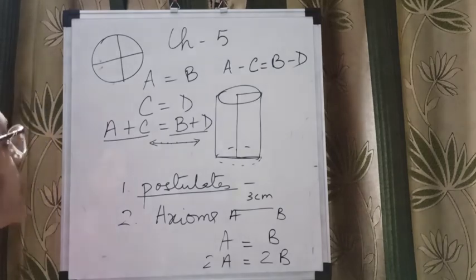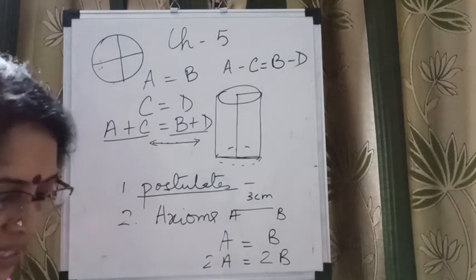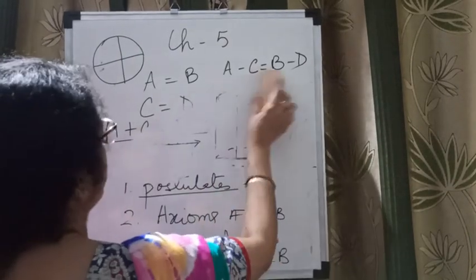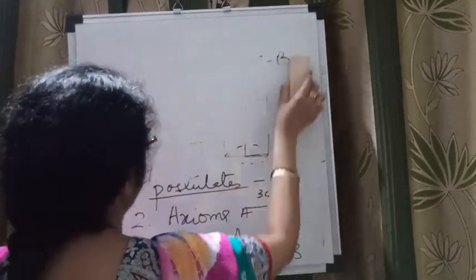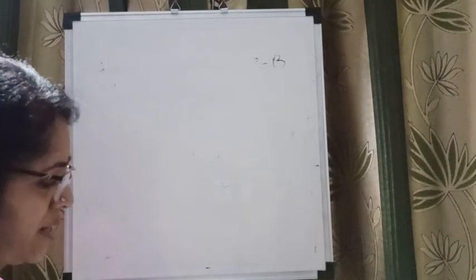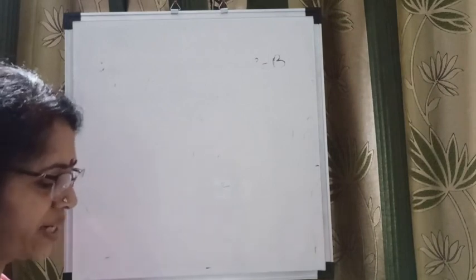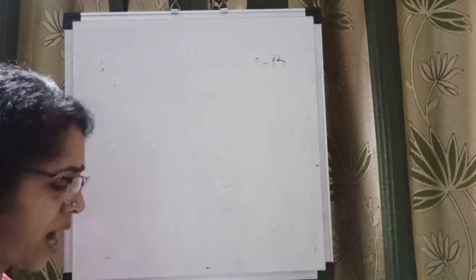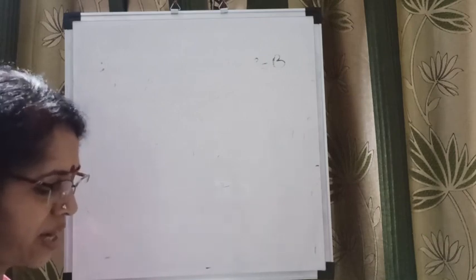So, if you are given 2 points on a plane, I'll repeat the postulate again. It says here that the first postulate is: a straight line may be drawn from any one point to any other point.